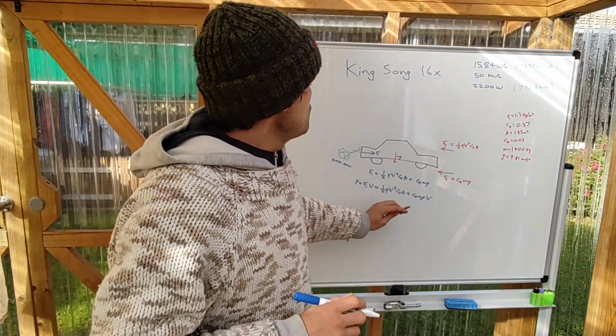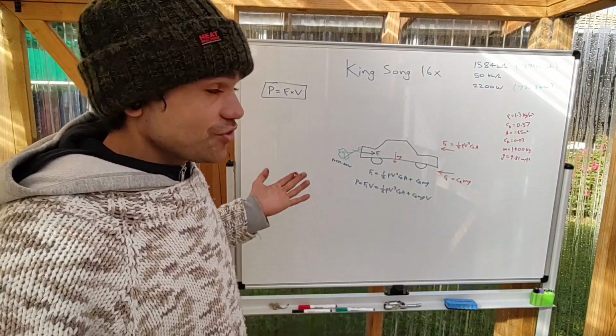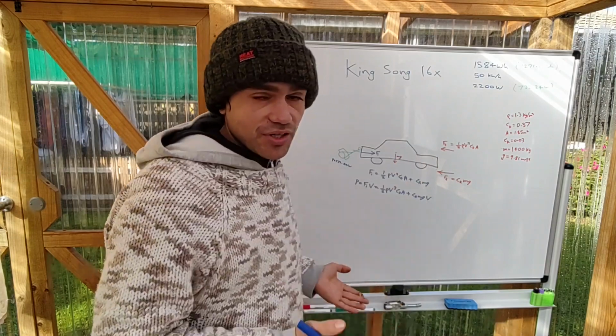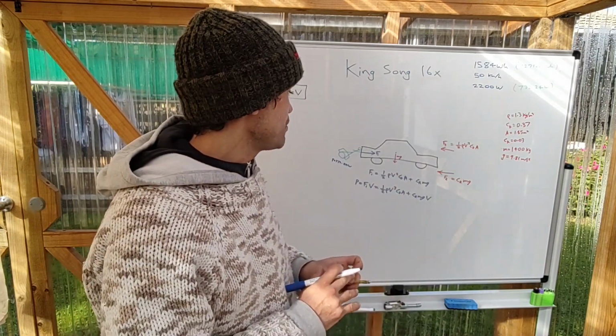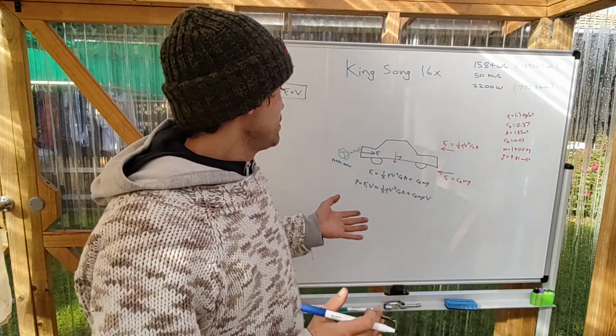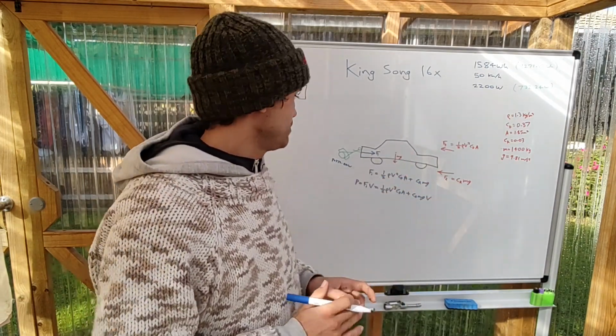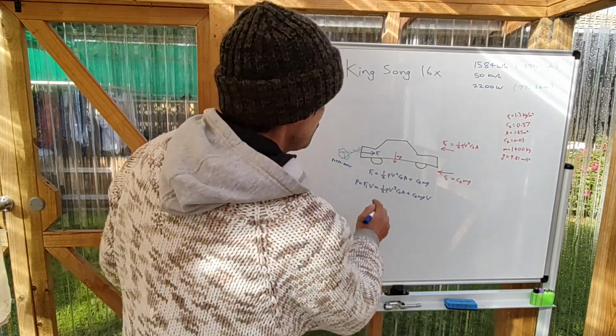We can solve for velocity, which is important, which is going to tell us how fast we can push this car. Like I said before, the harder you push it, the faster you're going to reach, and this is going to tell us exactly how fast once we solve for v.